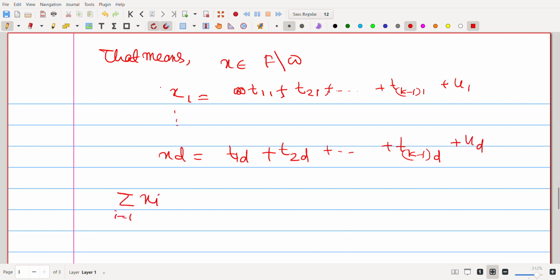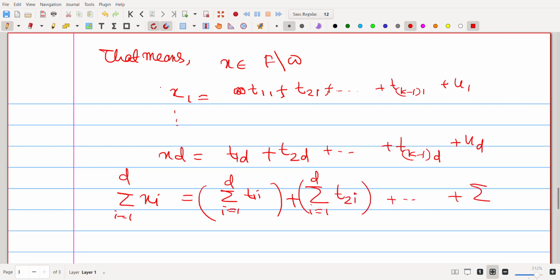That means the summation of xi, i equal to 1 to d, is the same as the summation of t1i plus the summation of t2i, and so on, plus the summation of ui.